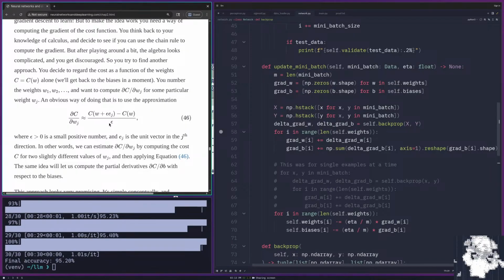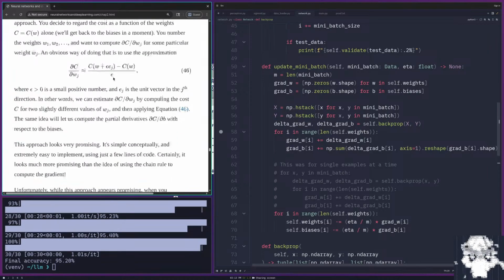In other words, we can estimate the derivative of C with respect to Wj by computing the cost C for two slightly different values of Wj and then applying equation 46. The same idea will let us compute the partial derivatives of C with respect to the biases.